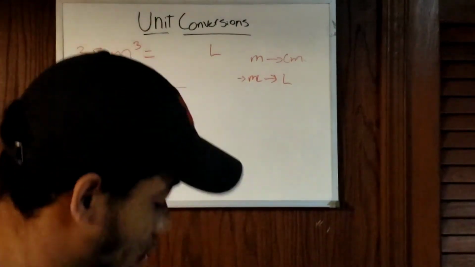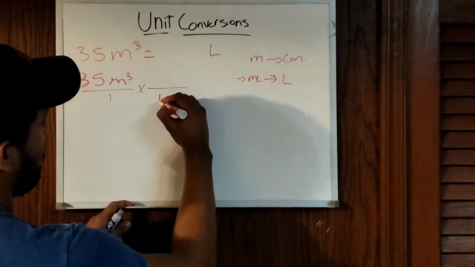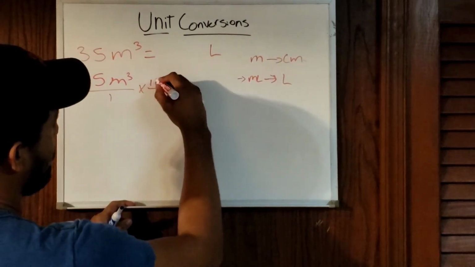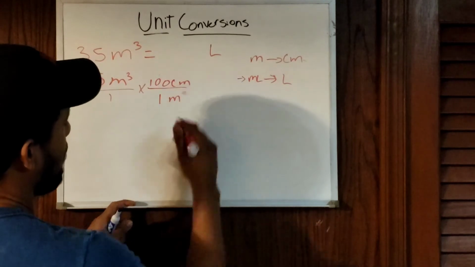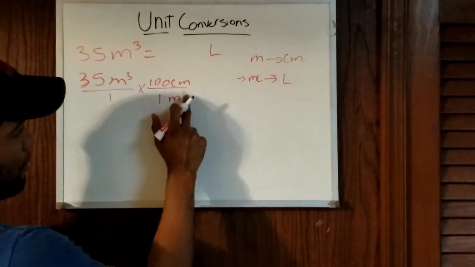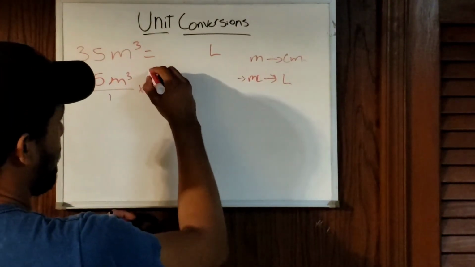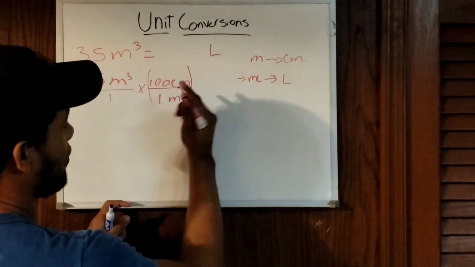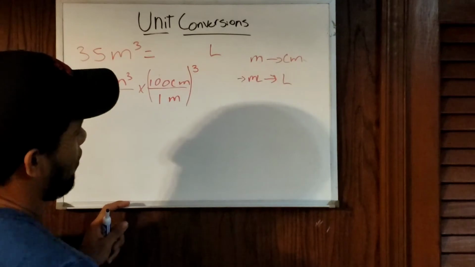So this is what you want to do. You want to put for every meter, right here, for every meter you have 100 centimeters. But again, we need meters cubed, not just meters. So what we're gonna do is take the whole fraction here to the power of 3, right?